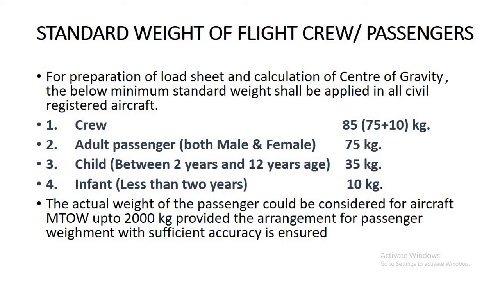For an adult passenger, irrespective of male or female, it is 75 kg. For a child, between 2 years and 12 years old, the weight is 35 kg. If it's an infant, a person less than 2 years of age, then the weight considered is 10 kg. Okay, that is the standard figure. This can be asked in your DGCA exam. Just remember: for crew 85, adult passenger 75, child 35, infant 10 kg.